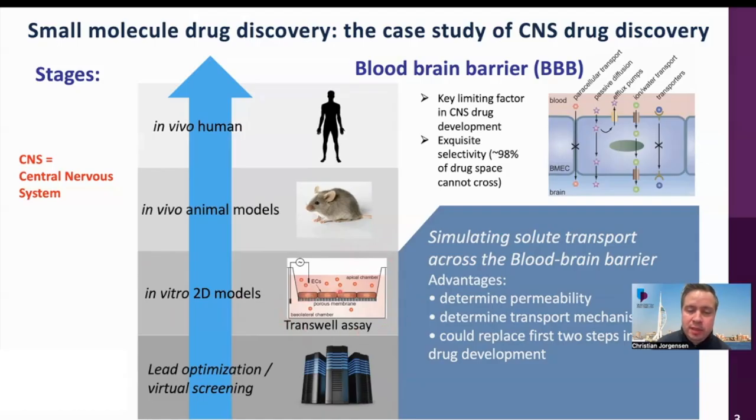Transwell assay is a sophisticated brain-specific model in which you have a porous brain membrane positioned here, and you can then add your drug into the chamber and see the transport across the membrane in a two-dimensional way. And this allows you to get transport properties, it allows you to get permeability, it allows you to see how the drug would perform in vitro.